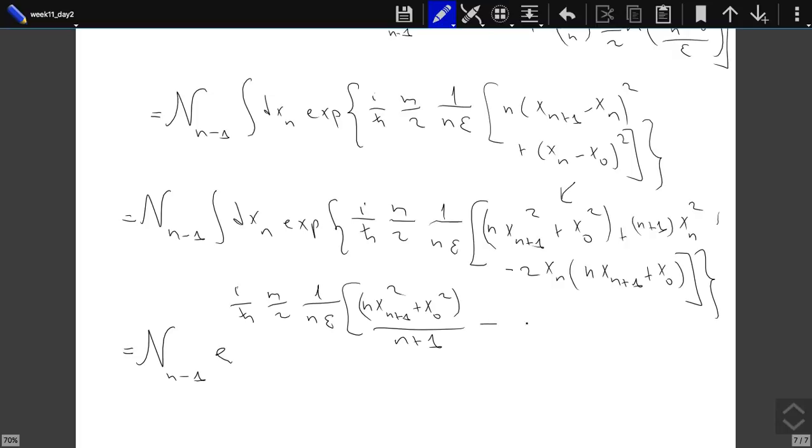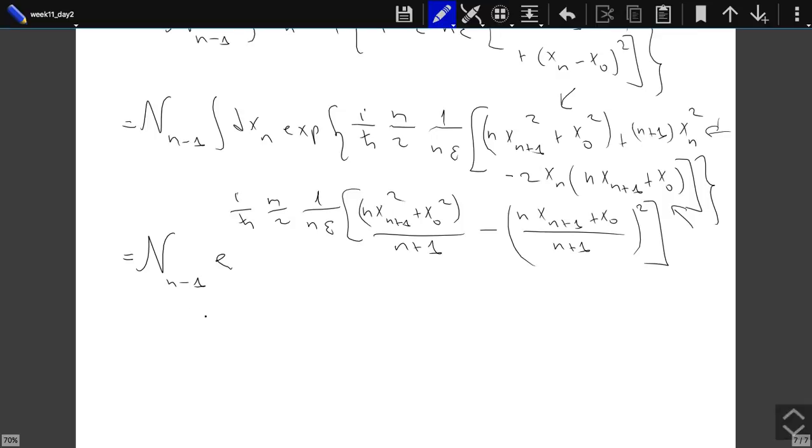And minus n times xn plus 1 plus x0 over n plus 1, all of this thing squared. And this is the term that remains when I complete the square of those last two terms. And then I have, as a result of Gaussian integration, the square root of pi. I'm also taking this n plus 1 out, keep that in mind. So pi 2 h bar n epsilon over i n plus 1.